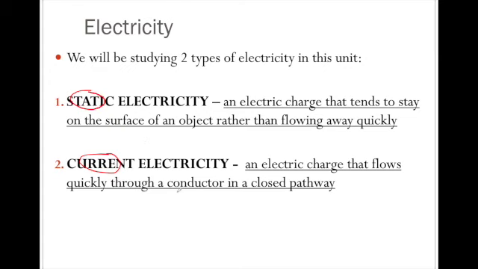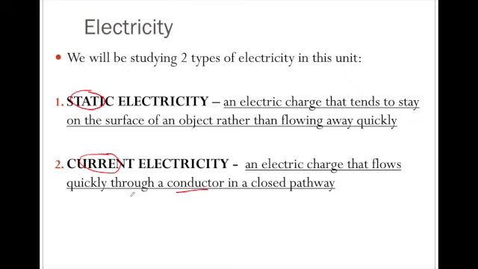We're going to talk about this word conductor in a bit more detail, but for now, all we need to know is that current electricity refers to charge that flows, charge that moves, just like current, like a current of water or the current in a body of water. If you go swimming in the ocean or a river, people say, watch out for the current, because that's flow, right? It's the water flowing, and it can pull people out, so to be careful.